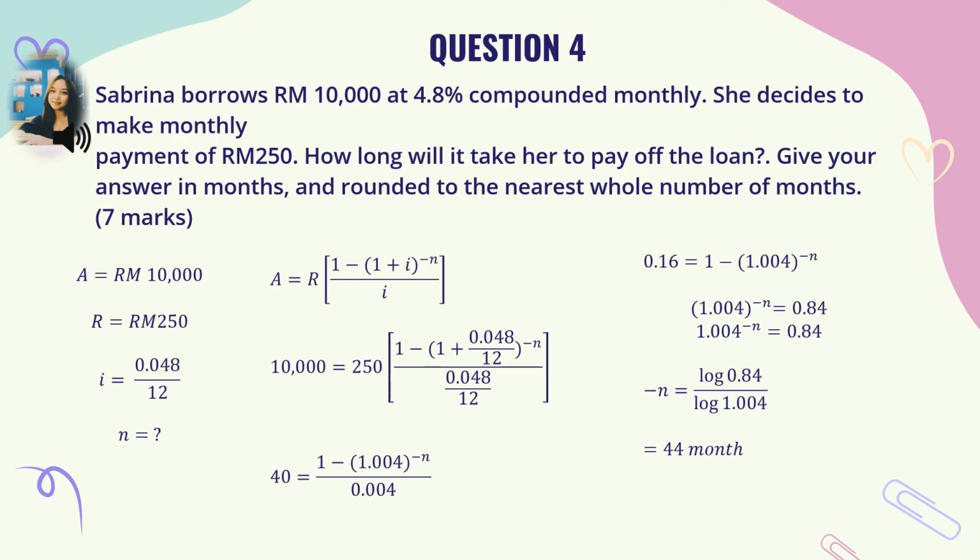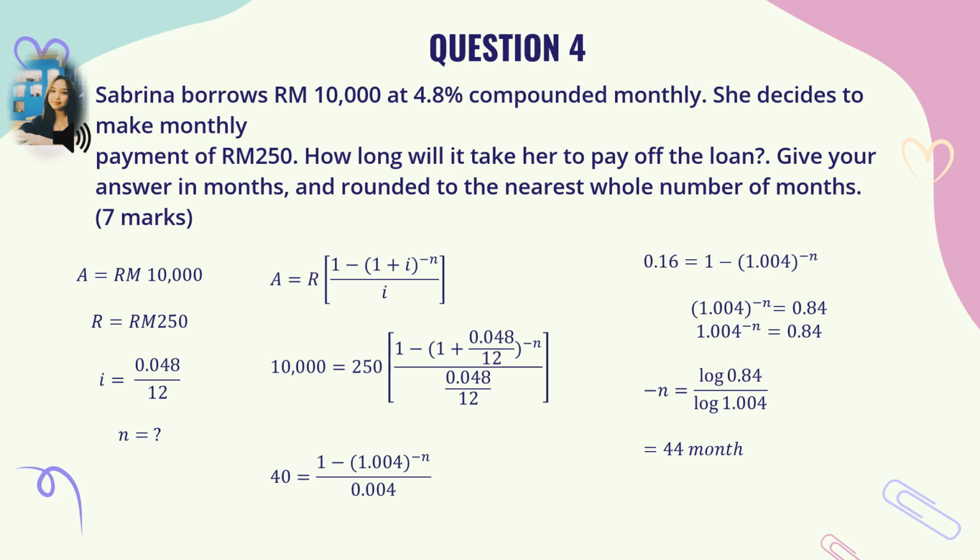A equals RM 10,000, R equals RM 250, I equals 0.048 over 12. So what is N?